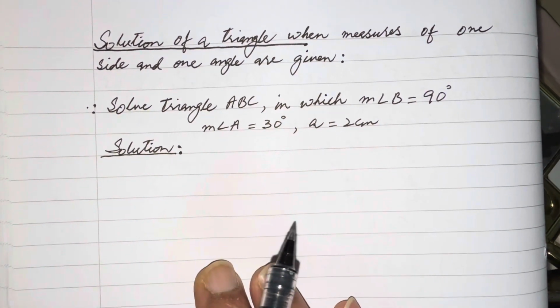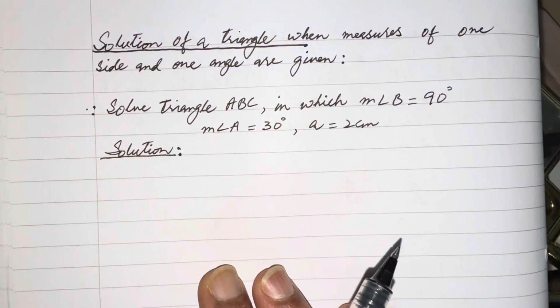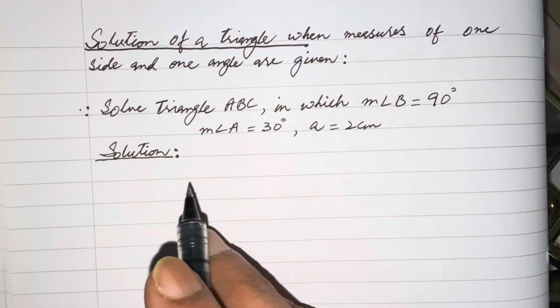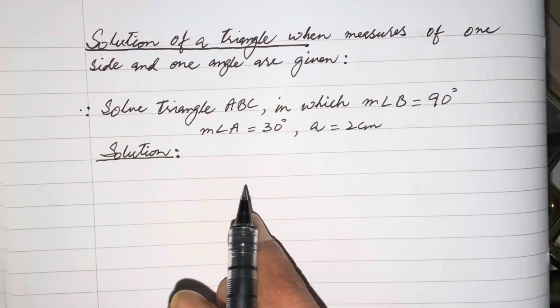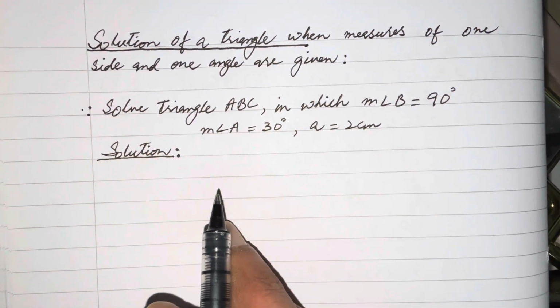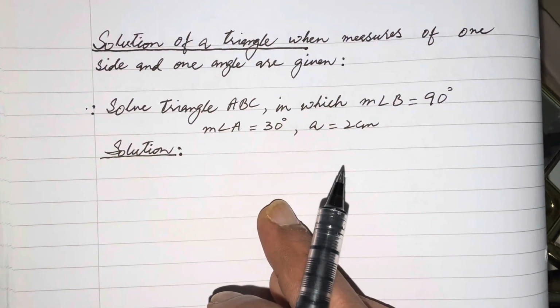So, solution of a triangle. As we know, there are three sides and three angles in a right angle triangle.